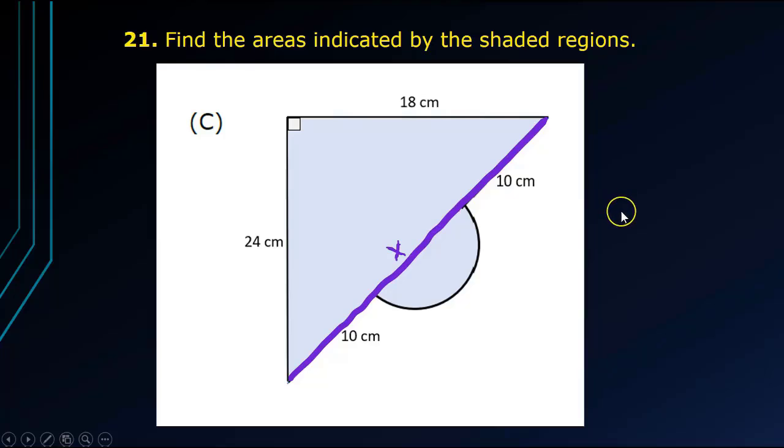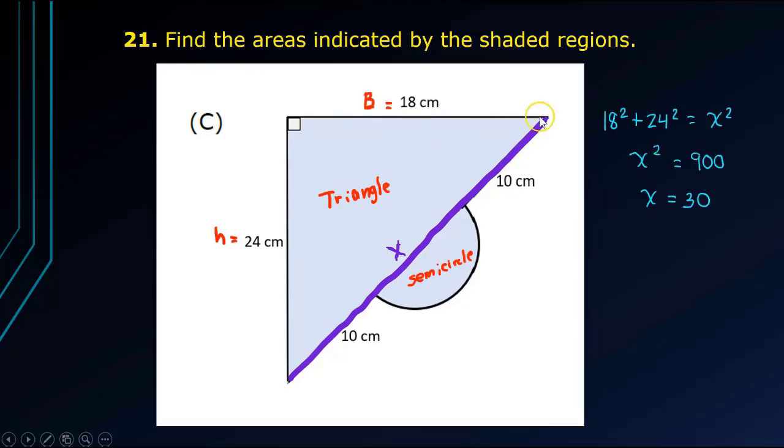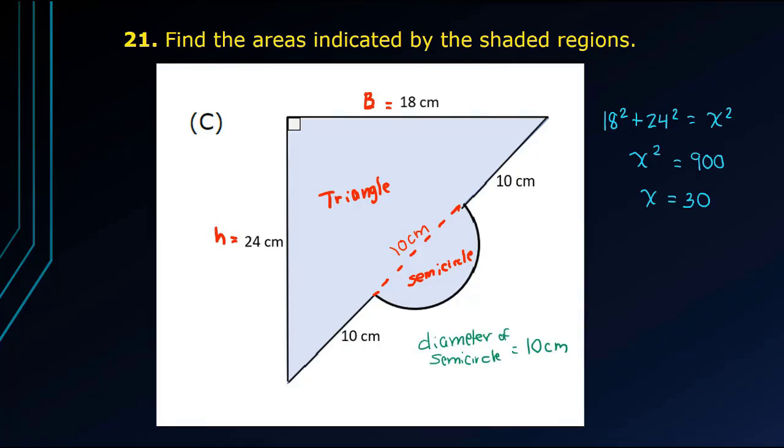By the Pythagorean theorem, 18 squared plus 24 squared should equal x squared, which means x squared is 900, so x is 30. And if x is 30, that means this is 10, this is 10. When I get back to here, this part here should also be 10.